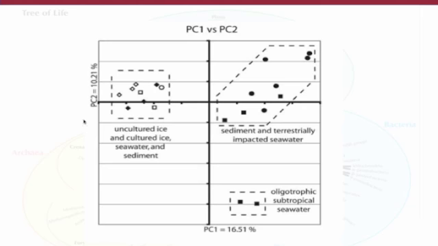And then they tried to come up with, does any of this make sense? So for this sample, they said, oh, look, these are all the uncultured ice and cultured ice water and sediment samples. And these ones are all the sediment and terrestrial impacted seawater samples. And these are the oligotrophic subtropical seawater samples. They're trying to make biological sense out of the similarity between communities.